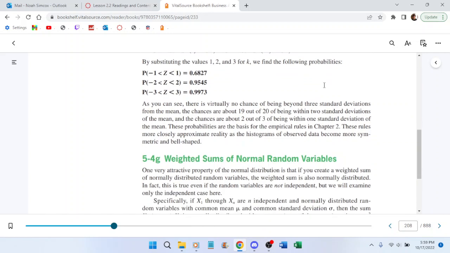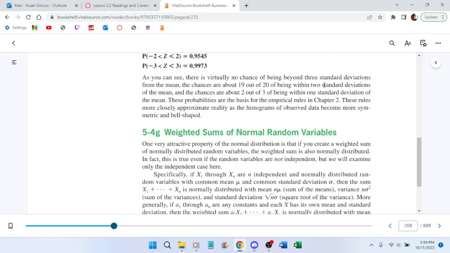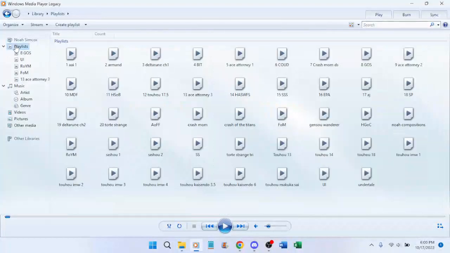Yeah, weighted sums. If you create a weighted sum of normally distributed random variables, the weighted sum is also normally distributed. What a fun time.